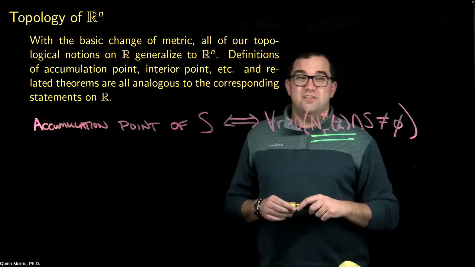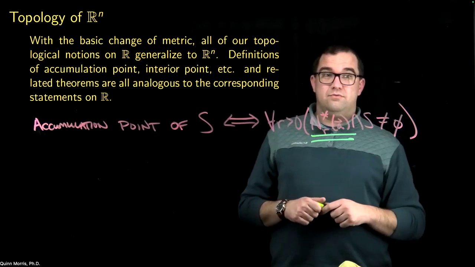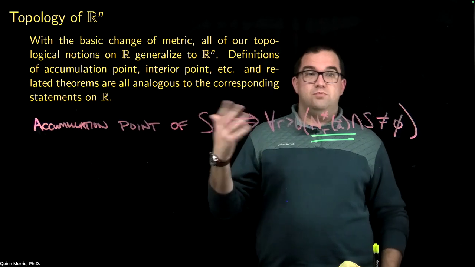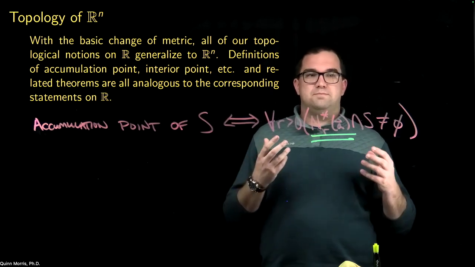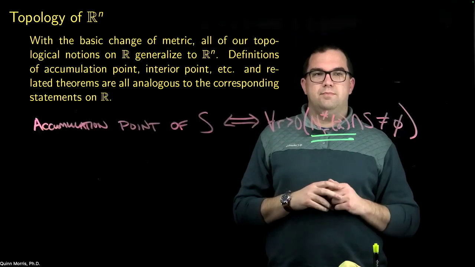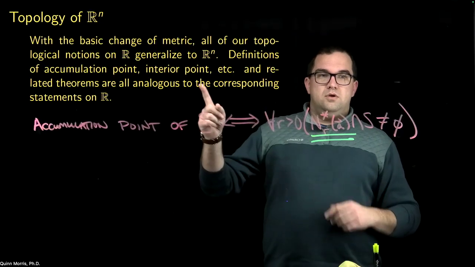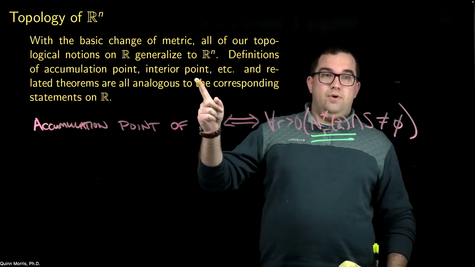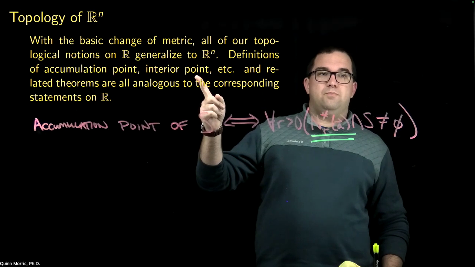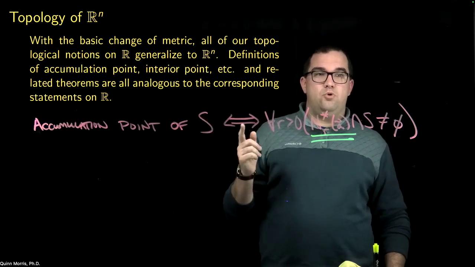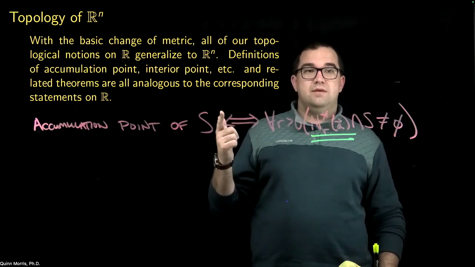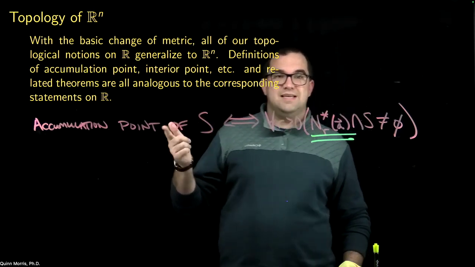In fact, the proof is nearly identical, the proof of claims about accumulation points. Let me give a specific example. You can also define an interior point. All that changes is your definition of neighborhood. And we proved, for example, that a set is open, by definition, if and only if every point is an interior point.